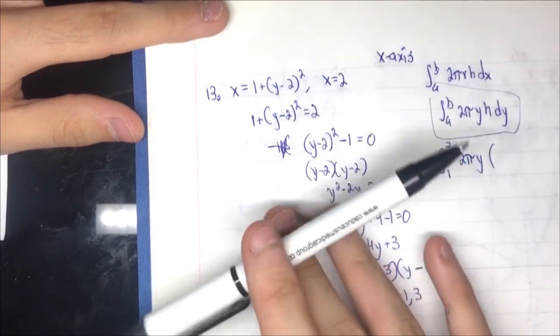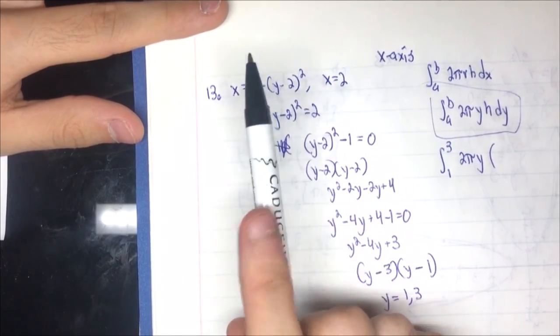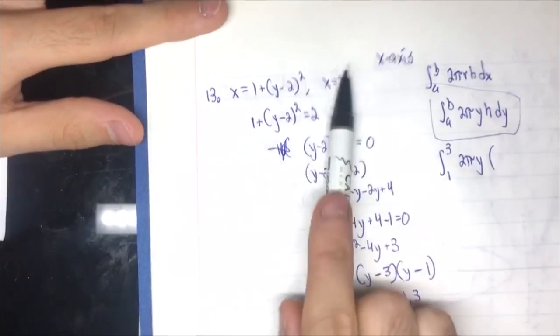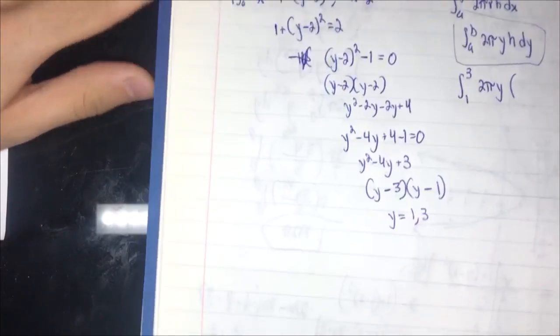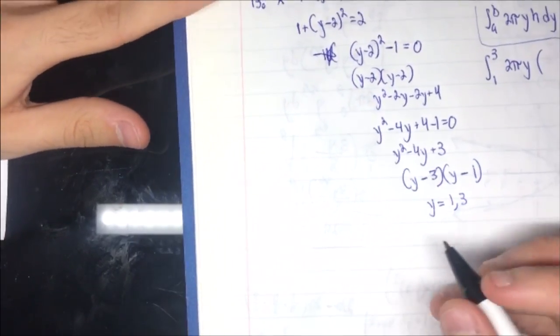So the height. And this time they give us 2 equations, and the other one isn't 0, so we're going to have to graph this.